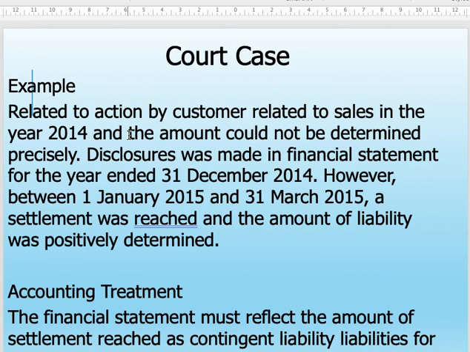You simply show that in your notes to the accounts. That is when you prepare in 2014. But after 31st December 2014, you identify that between this date, a settlement was reached and the amount of liability was positively determined. So during this period, you identify that the amount can be measured reliably. Therefore, you have to adjust and show that compensation in your financial statement.